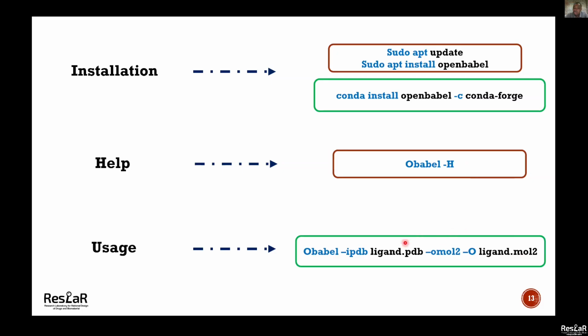Then you can now run obabel. Just call it obabel. So you can specify the input file format. If you don't specify, then the default will be the extension provided here. You can also indicate the output file format. If you don't, then the extension you provided becomes the default.